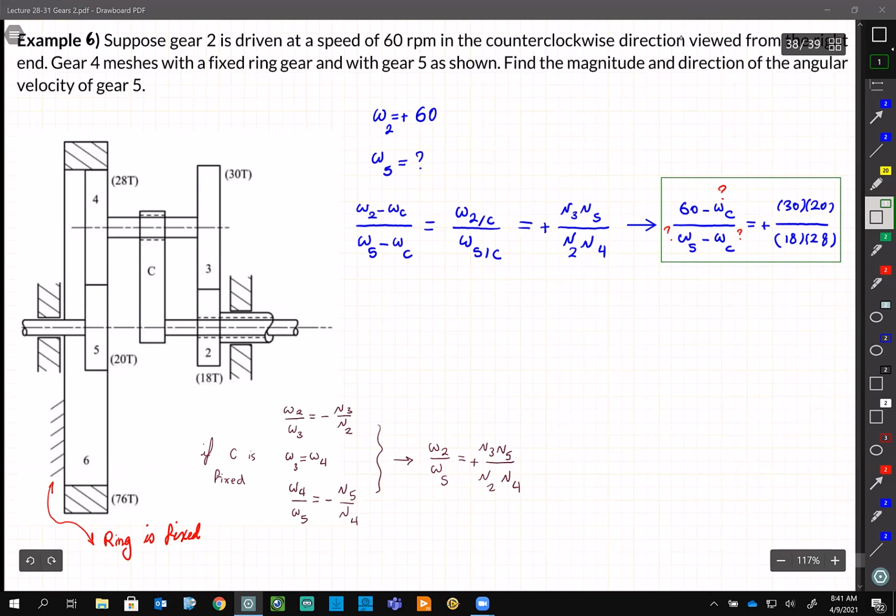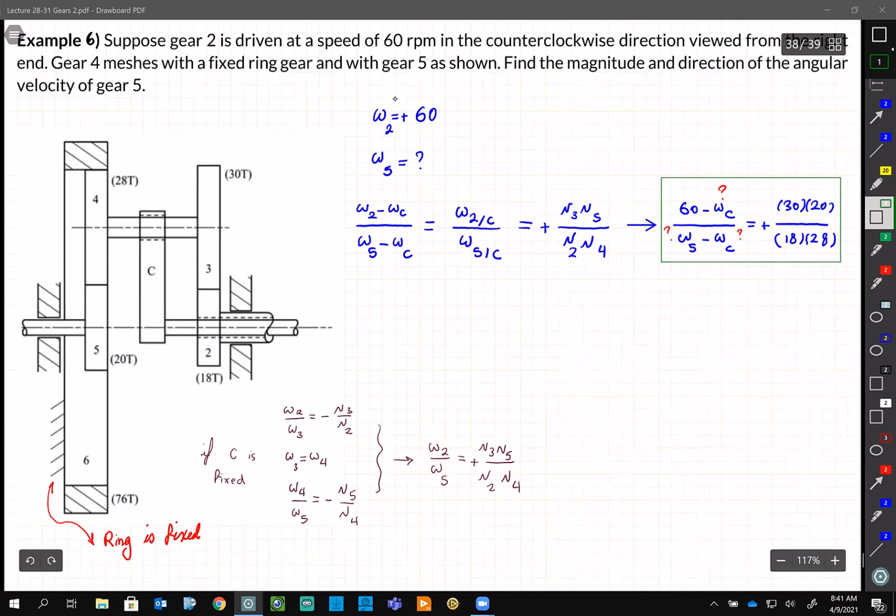Okay, let's see. So Wasif says, can we solve for omega 5 first? How should we solve for omega 5 first? So I will give you a hint.